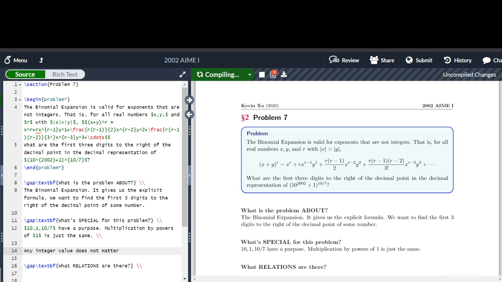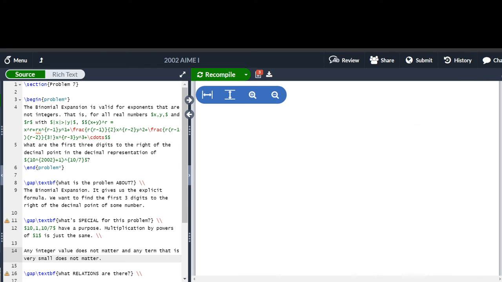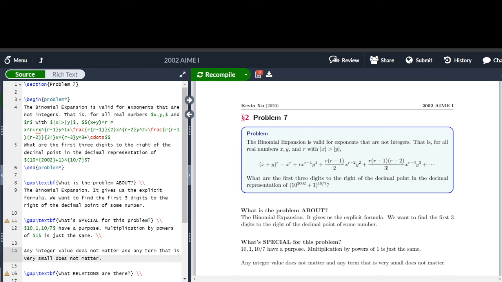And any term in this binomial expansion that is believably small will not affect our sum enough to nudge it up 1 thousandths. So any integer doesn't matter, and any term sufficiently small doesn't matter.